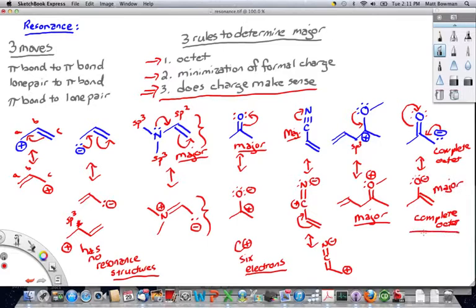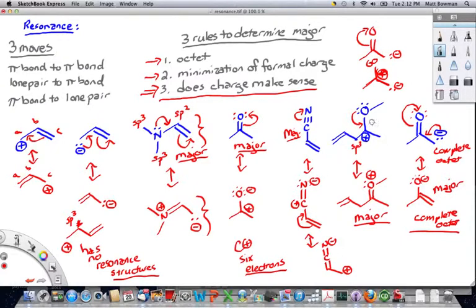Okay. Now, with this last resonance structure, it might have been tempting to draw a resonance structure like this because of the double bond oxygen. Double bond goes up to that. And you get this structure, which hopefully you can draw better in your notes.